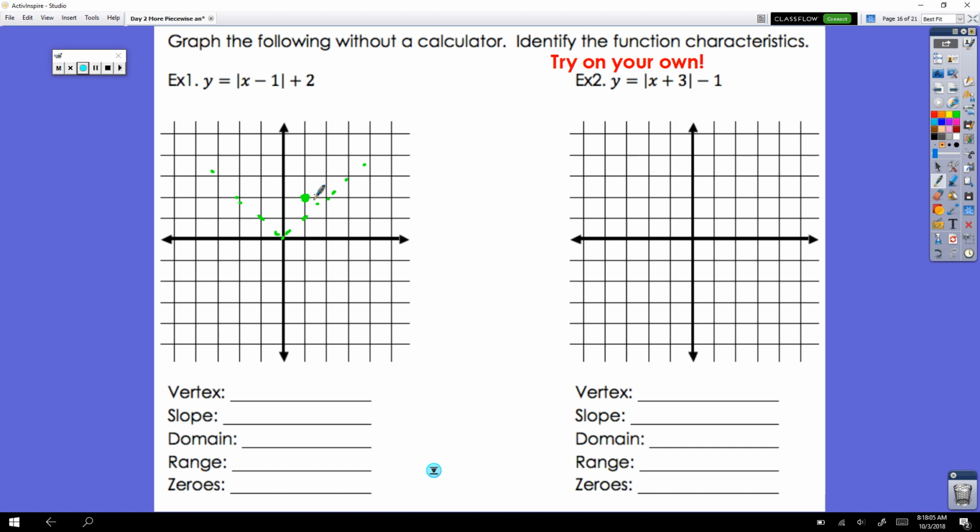So this is where our new function will be. Since there's no a out front, it's still just 1, we keep the same slope. So this is our function right here. I'm going to erase what our original parent function was because it's not necessary.